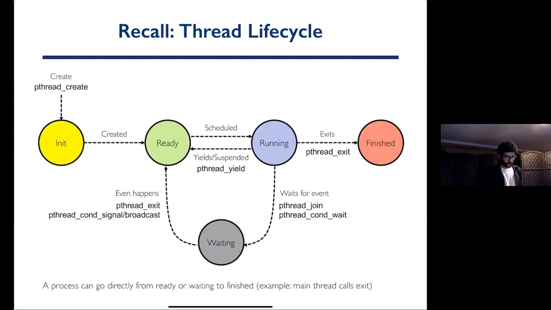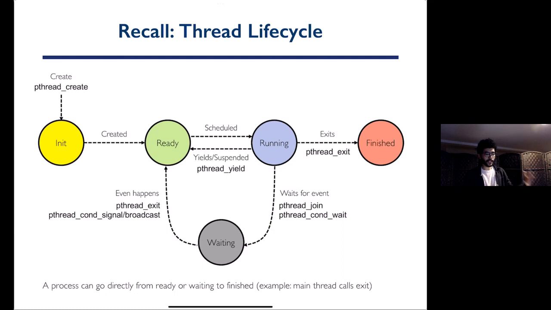OK, just to recall, we talked about different states for a thread: initialization, in which the kernel has started creating the thread. Once the thread is completely created, then, as I mentioned, the kernel puts it on the ready list, so the state of the thread becomes ready.